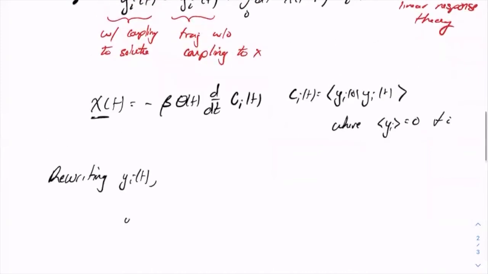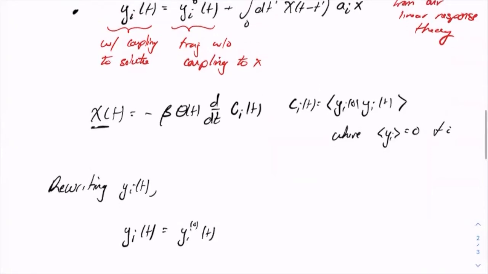So specifically, yi of t in the presence of the interaction is yi in the absence of the interaction, first plugging in our response function, beta's constant, comes outside, an integral over time, that correlation function evaluated at t less t prime, ai xi.